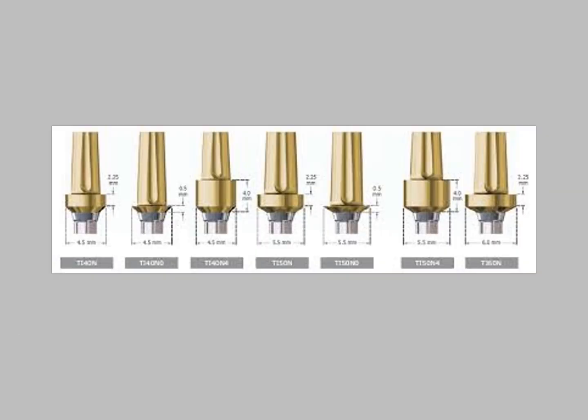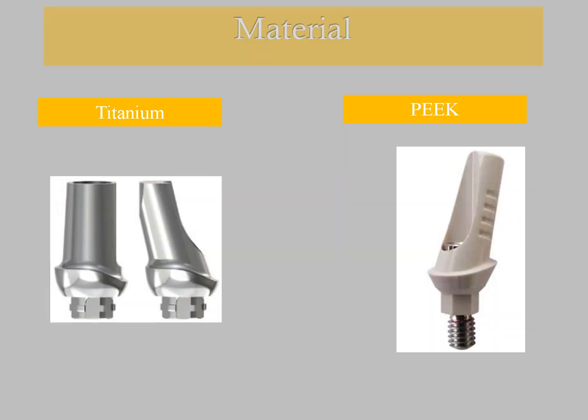Also we have different gingival formers, as some patients have thick gingiva and some have thin, so we need to make different types of abutments that have different gingival heights.